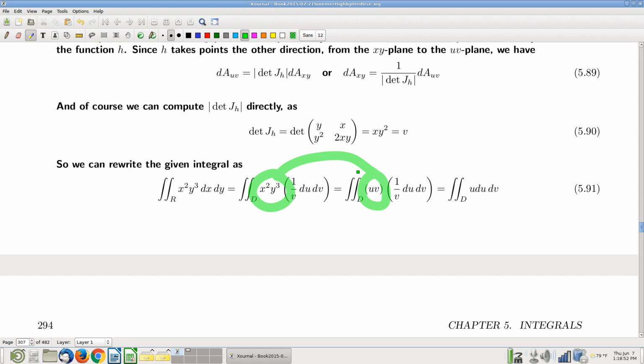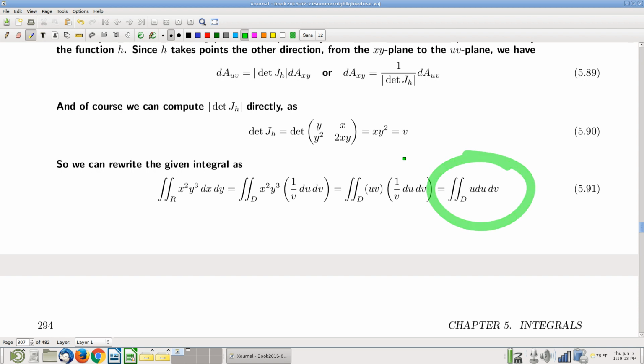You have to look at what u and v are and play with it algebraically until you see that it ends up being u times v. So it's not directly plugging in. You're kind of inverting the function, but that's just an algebraic game, so I'm going to let y'all worry about that. And then, of course, those cancel, and you have your easy new integral on the rectangular domain, and that's easy to compute.